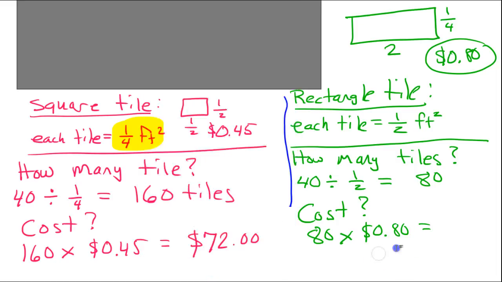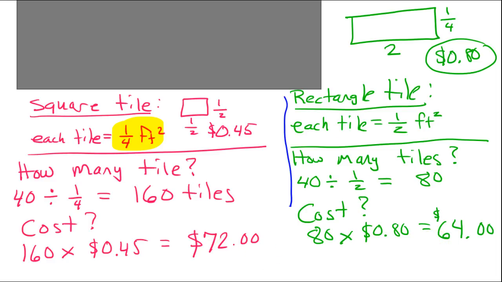That's $64. Okay, so clearly we should go with the rectangular tiles.